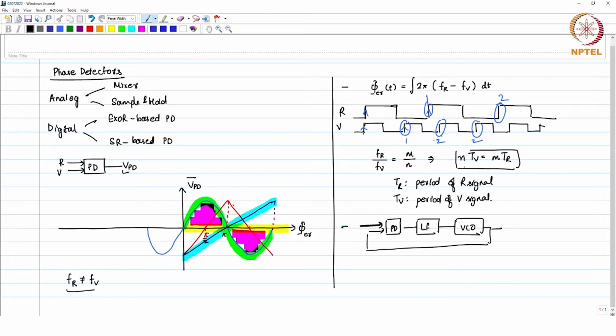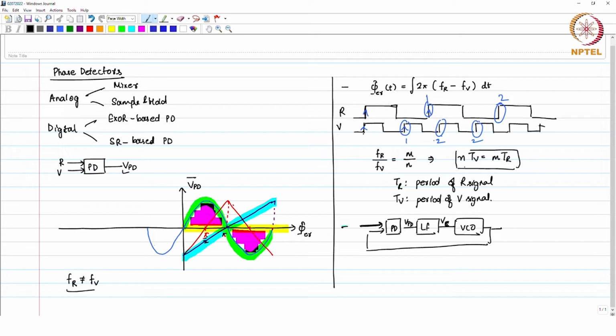Based on the frequency error we get VPD, and this VPD gives you the control voltage, which gets filtered, and you recover the frequency error. So, we have seen multiple cases where your phase error exceeds 2 pi, and then also you recover, or your phase error does not exceed 2 pi, and then also you recover, right.